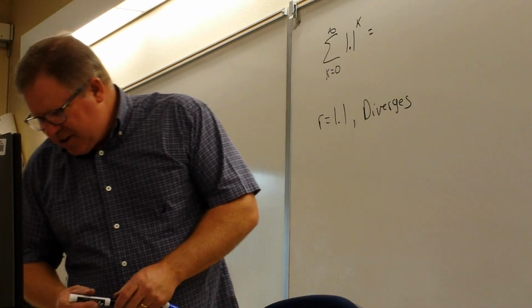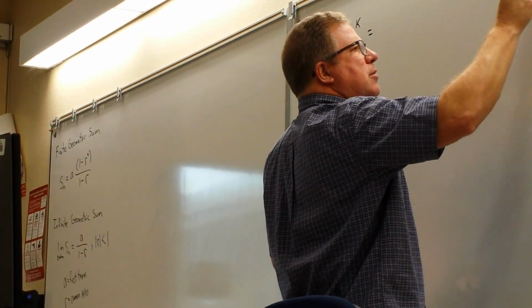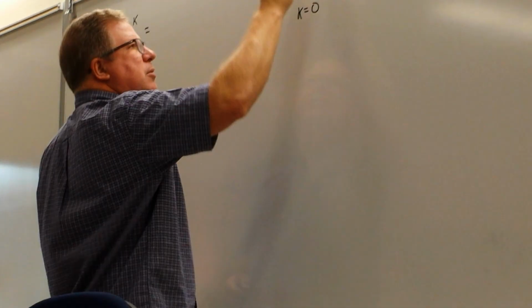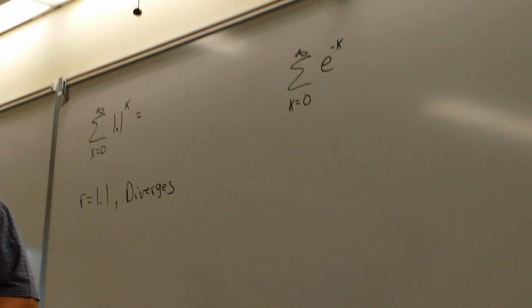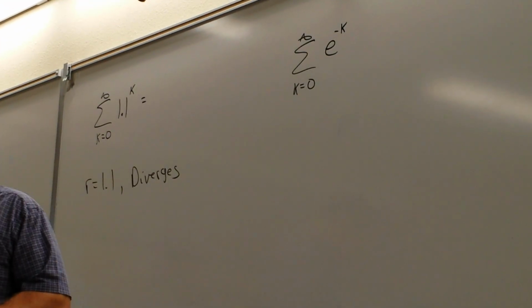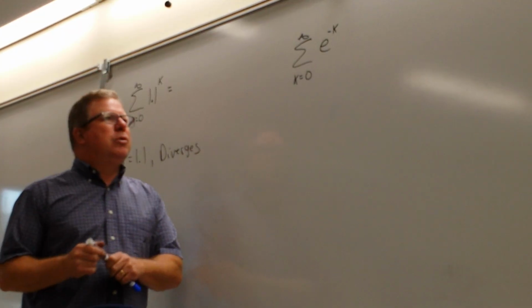Let's suppose we have the sum as k goes from 0 to infinity of e to the negative k power. Now, due to time, I won't sit here and Socratically question you.